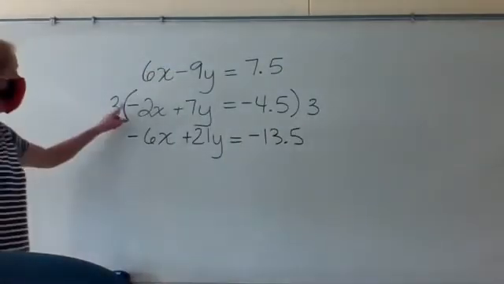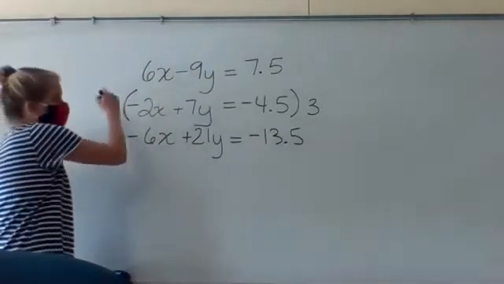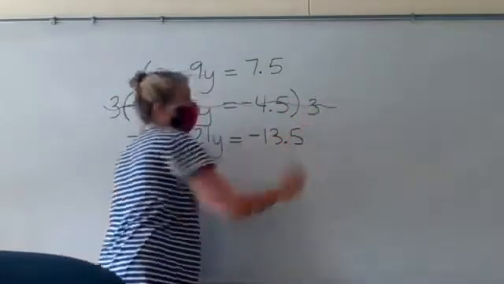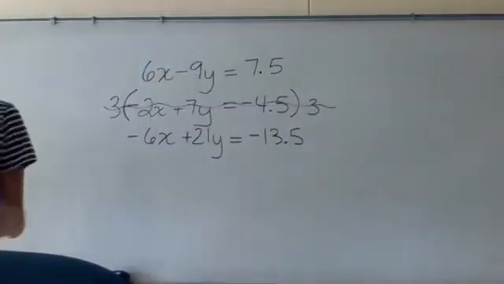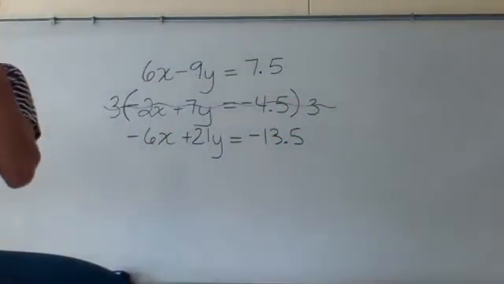Now remember, the equation that I just messed with, I can get rid of because I don't need it anymore. I changed it into the one that I can use.